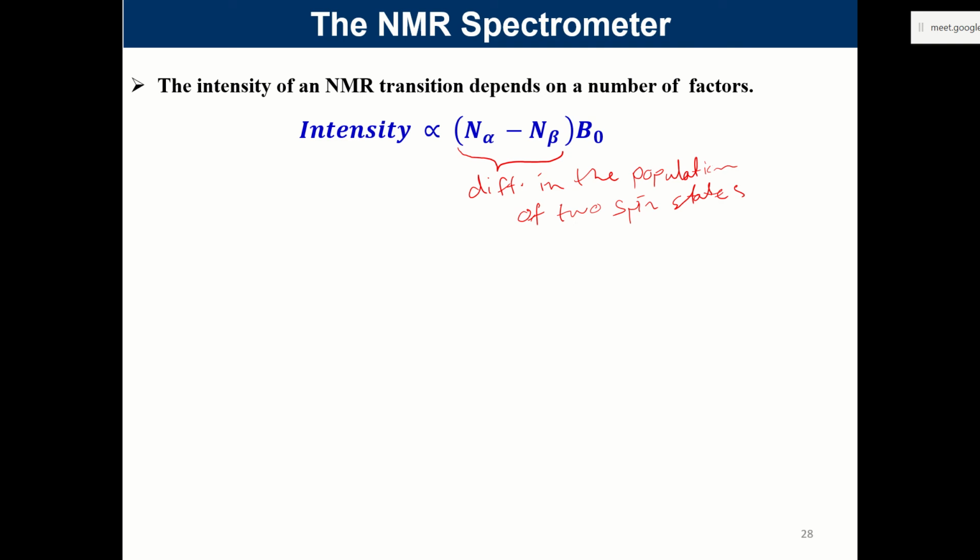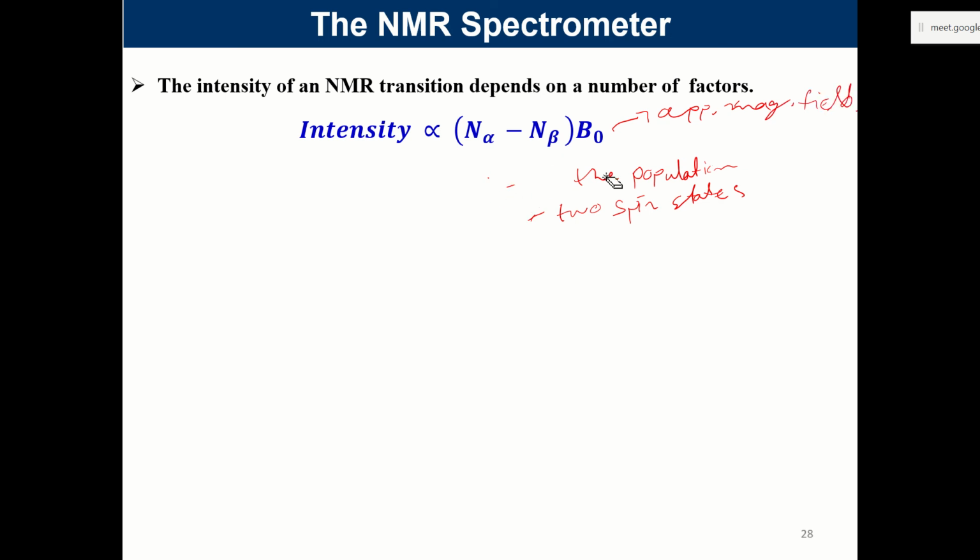That difference is essential, because the transition happens on that basis. The nuclei in the lower energy state are the ones that go up, so if that population is reduced somehow, the signal is affected. For a nucleus to go from alpha to beta, the relative population matters. And the second factor is the applied magnetic field. This is another factor that will affect the intensity.